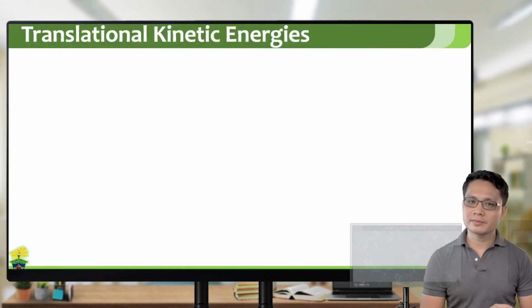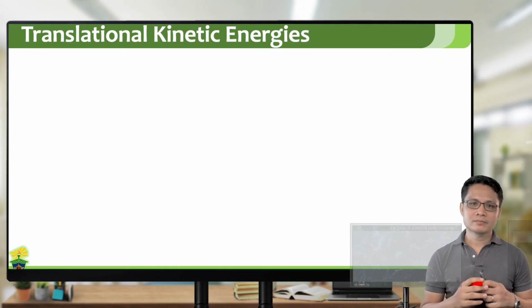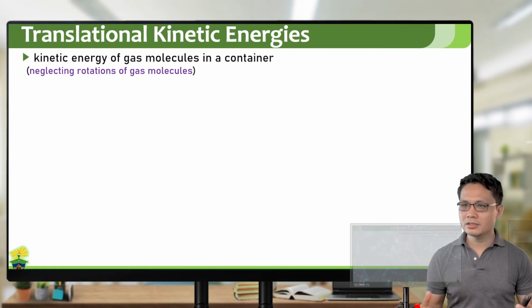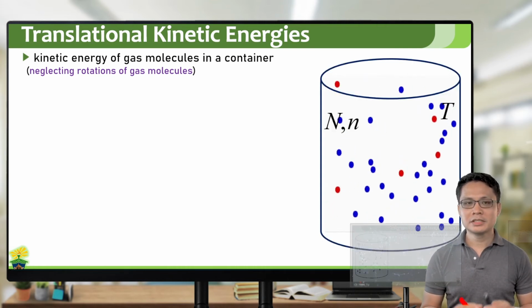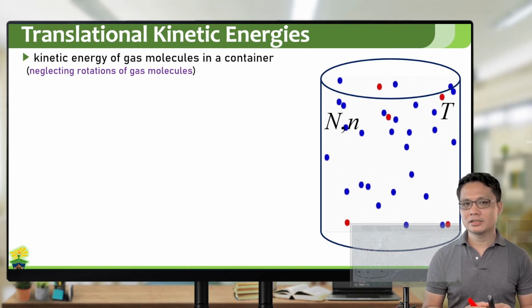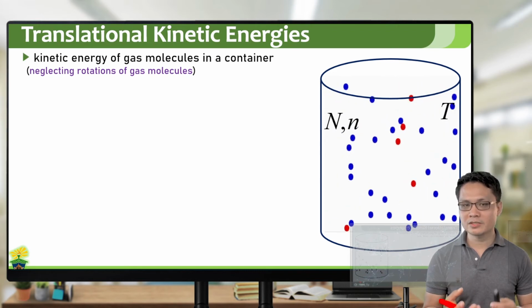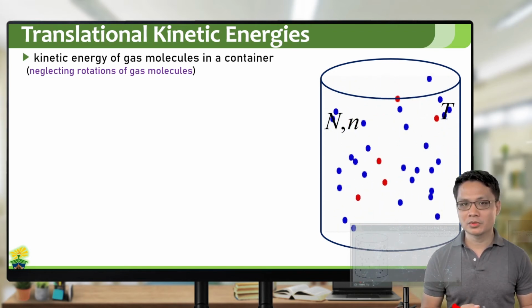Looking back to the concept of translational kinetic energy, here we assume that the particles are moving in a straight line and change direction the moment they hit another body or the wall of the container. Again, the kinetic energy of the gas molecules in the container is assumed to depend only on the mass, the number of particles, the volume of the space, and the velocity of this motion.